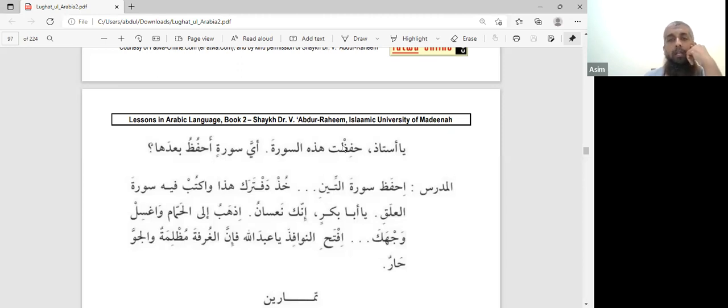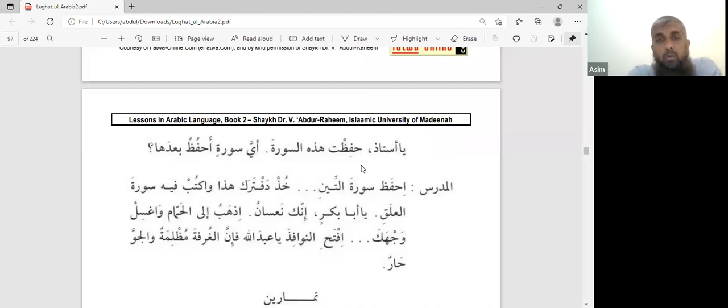Yahfadhu, he protects or memorizes. So here we have hafidhtu, I memorized. The word hafidha means to protect. When it comes to the Quran, it means to memorize the Quran. A hafidh is somebody who memorized the Quran, but literally it also means a protector. So when you memorize the Quran, it's like you are preserving the Quran through memorizing it.